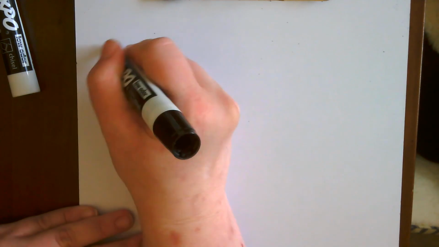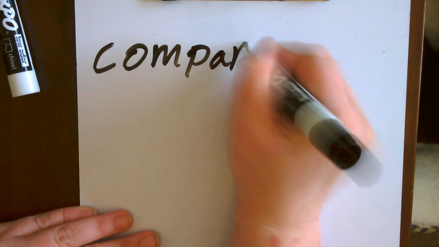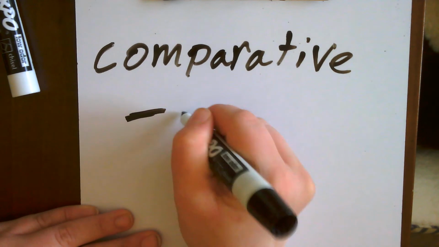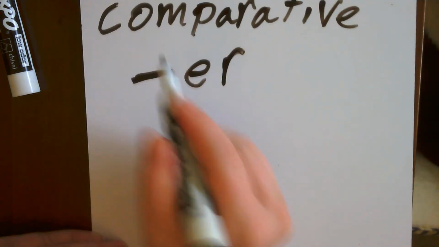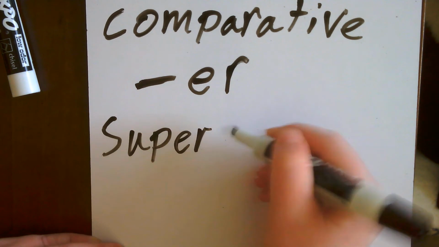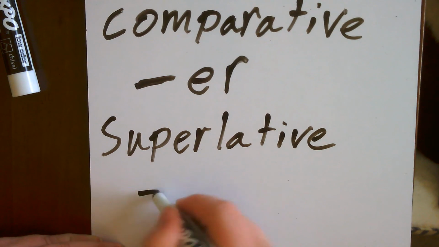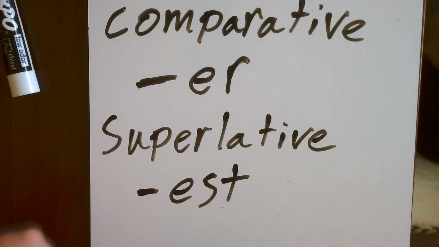But in the meantime, comparative is ER. Superlative is EST added on to the end of it.